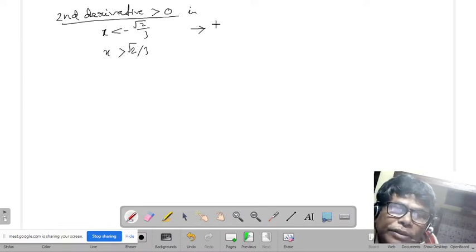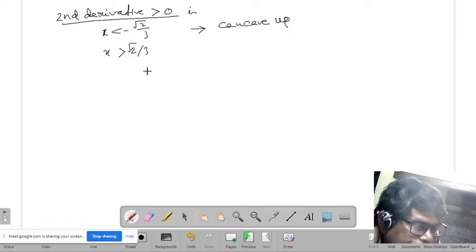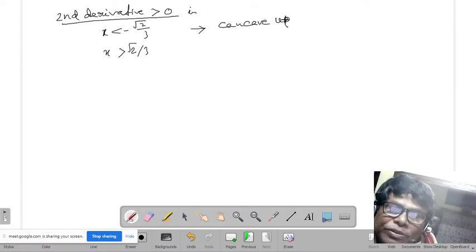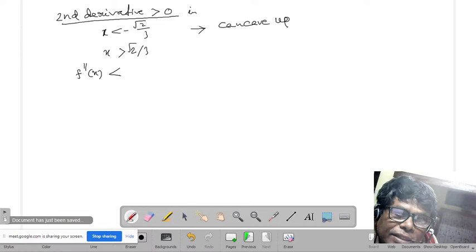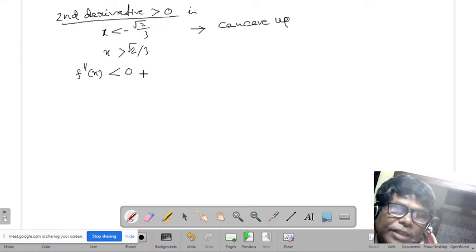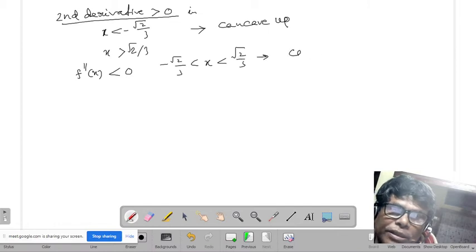We call it concave up for this region and this region. And f double dash x is less than 0, that is decreasing, in the region minus root over 2 by 3 less than x less than root over 2 by 3. We shall say it is concave down.